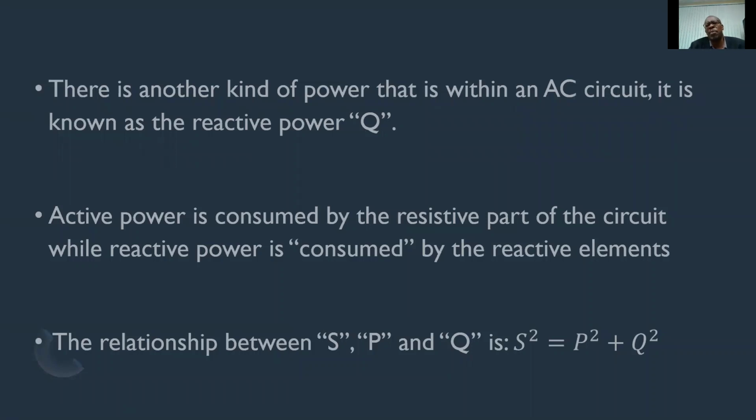Now, there's another kind of power within an AC circuit, and it is known as the reactive power. We won't be focusing a lot on this today, but the reactive power exists. Active power is consumed by the resistive part of the circuit, while the reactive power is consumed by the reactive elements.